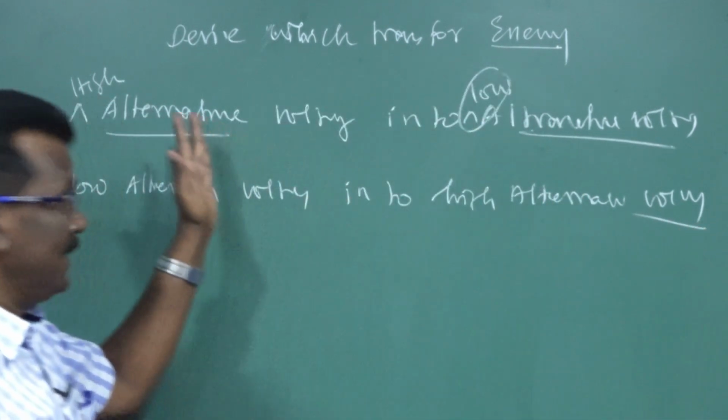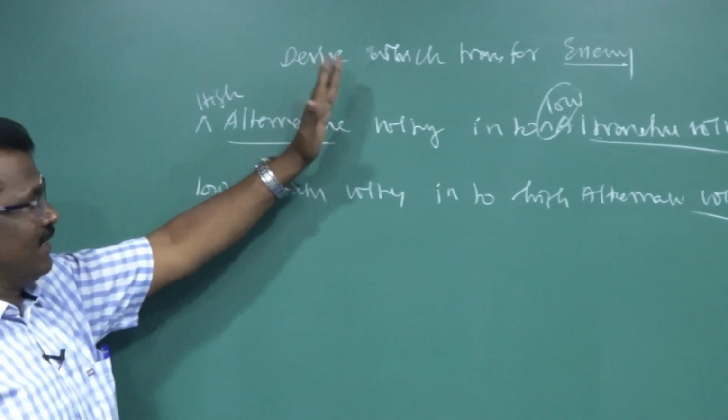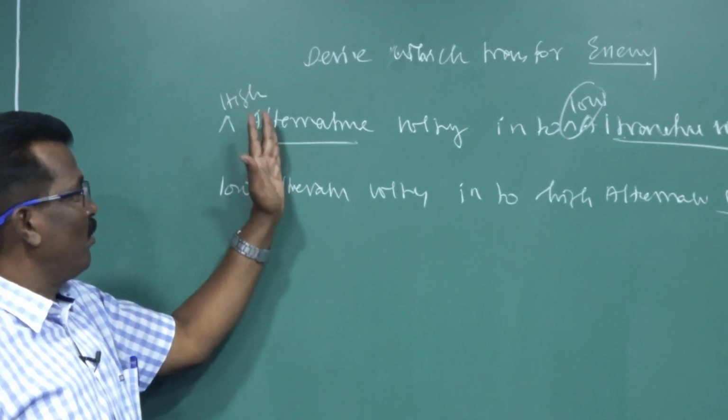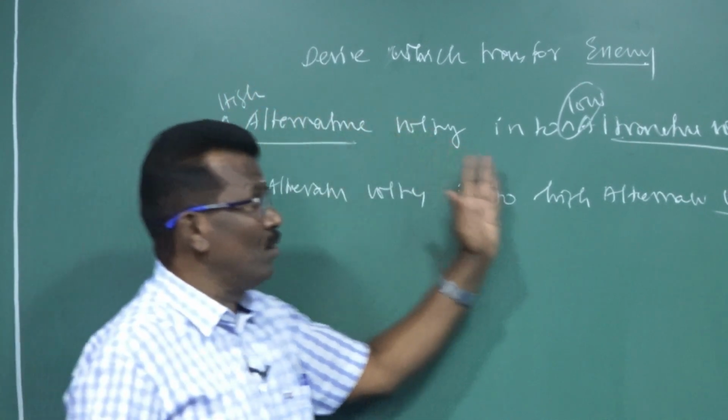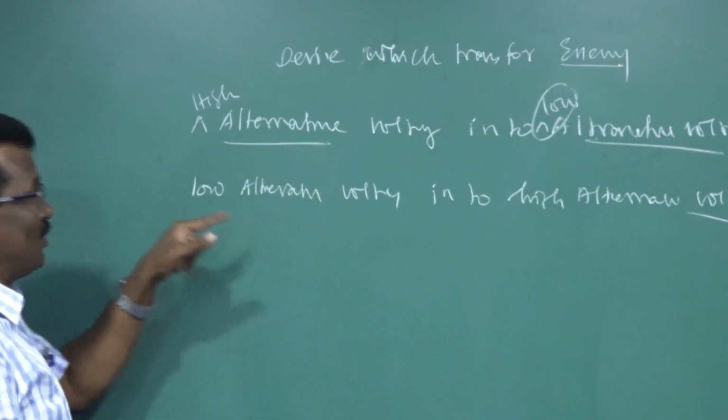Not only the voltage, the current also changes. If an electrical device transforms high alternating voltage into low alternating voltage, at the same time the current also changes.